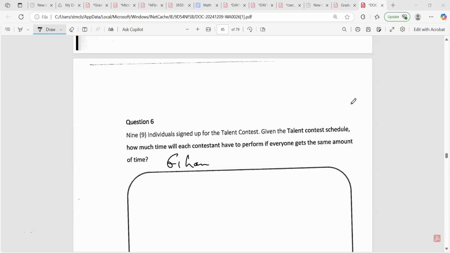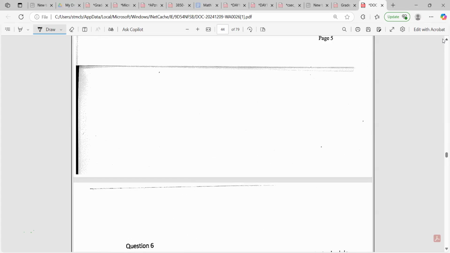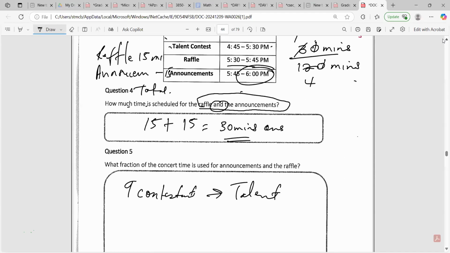All right, let's go back up to the table now. So it says 9 persons sign up. Each person should get the same amount of time in the talent contest schedule. How much time will each person receive?